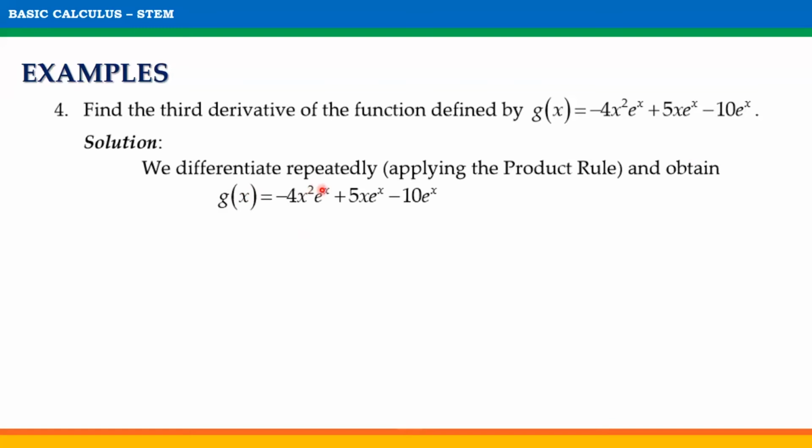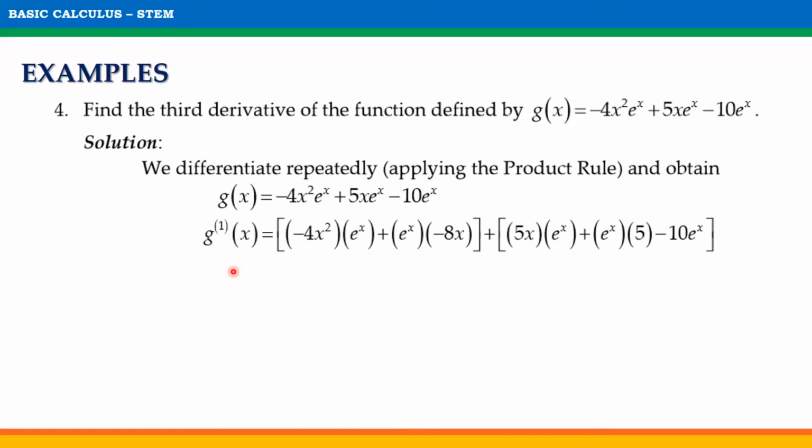We differentiate repeatedly by applying the product rule and obtain the first derivative of g of x equals negative 4x squared times e raised to x plus e raised to x times negative 8x, plus 5x times e raised to x plus e raised to x times 5, minus 10 e raised to x. We have used the product rule for the first and second terms.